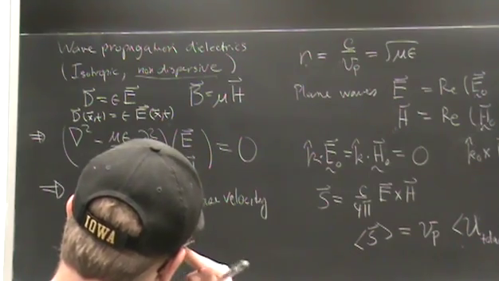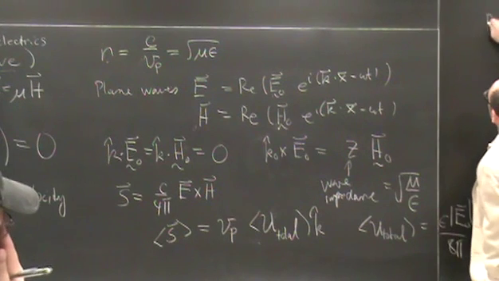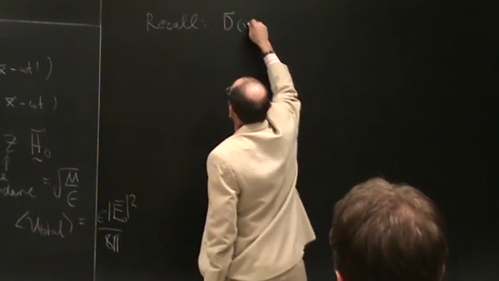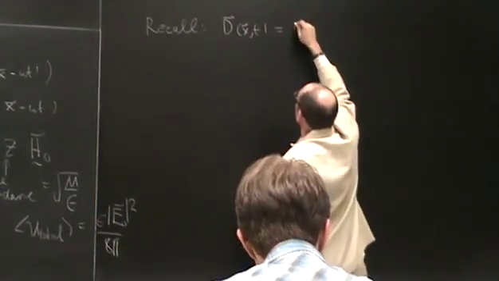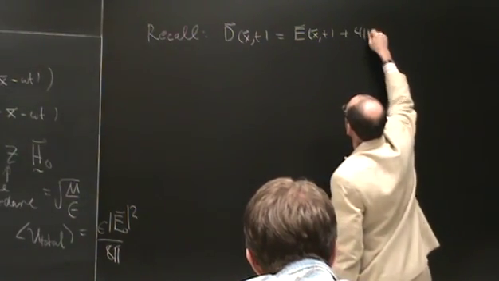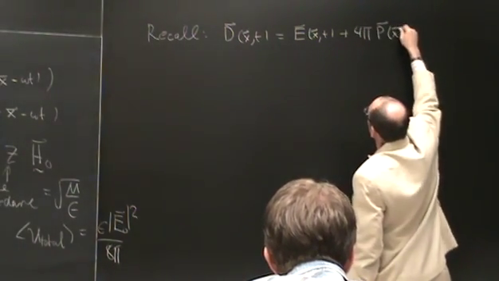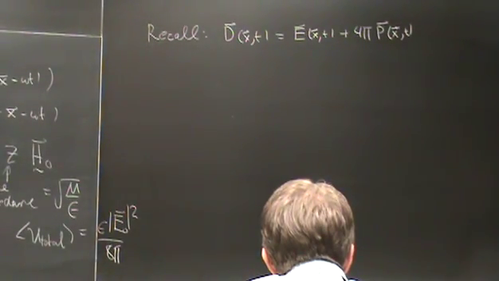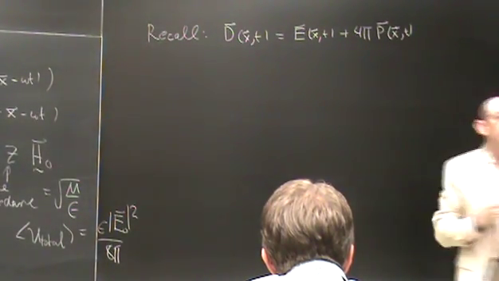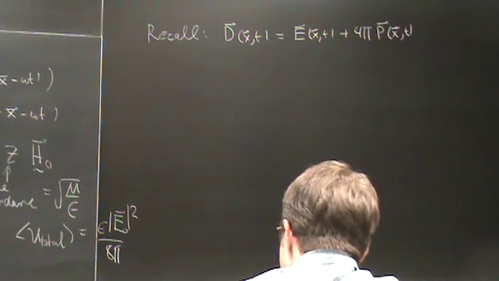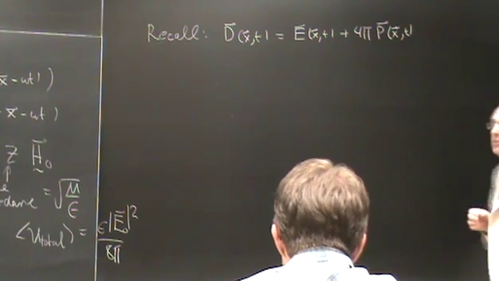And remember, D, the displacement field, was equal to epsilon naught E plus P. So this is not an approximation, this is a definition, where P is the polarization, the electric dipole moment, coarse grained per unit volume.